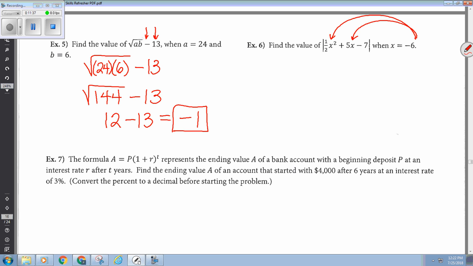Since x is there twice, you plug it in twice. So that's the first step. Next step is actually to solve it out.